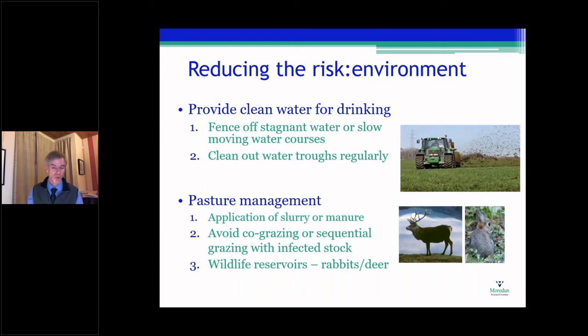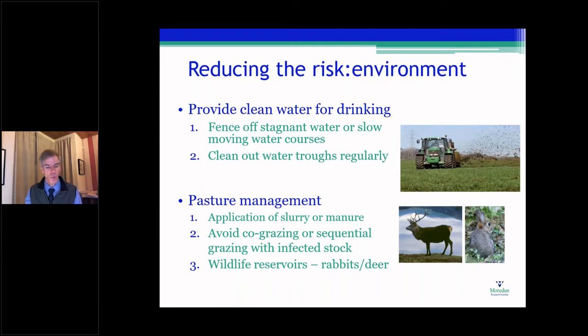Although it won't eradicate it altogether, it will certainly reduce the load if there's a lot of MAP in the slurry or manure. Try to avoid co-grazing as well. We know for certain that the MAP that infects the sheep also can infect cattle as well. So try to avoid co-grazing or sequential grazing if at all possible.